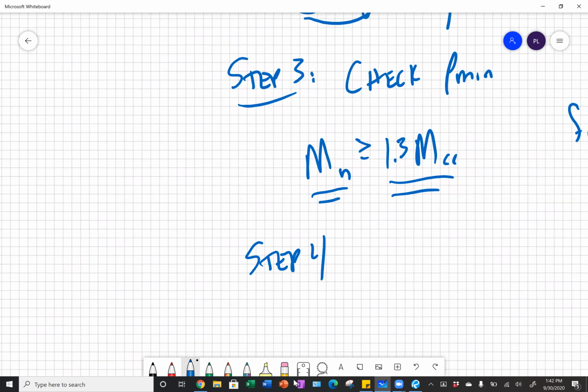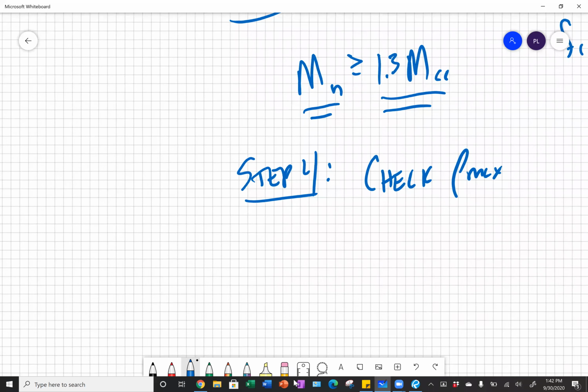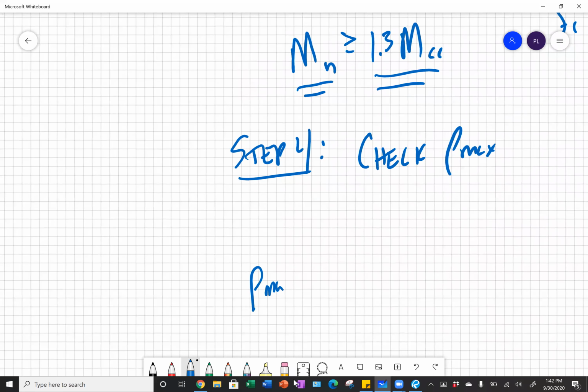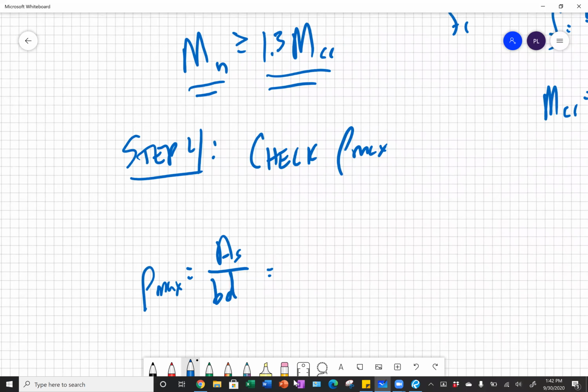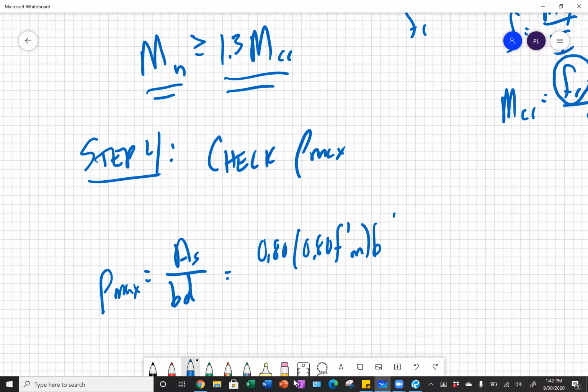And the last step, step 4, we will check rho max to make sure we are not over reinforced. And rho max, again, is equal to As divided by b d. And that equation we derived earlier, so we would have 0.80 f'm times b times the strain in our masonry over the strain in our masonry plus alpha times our yield strain.